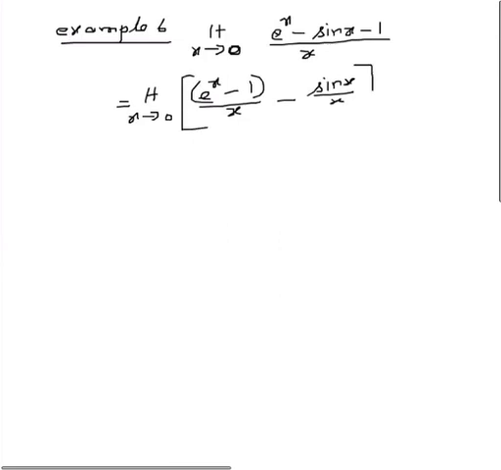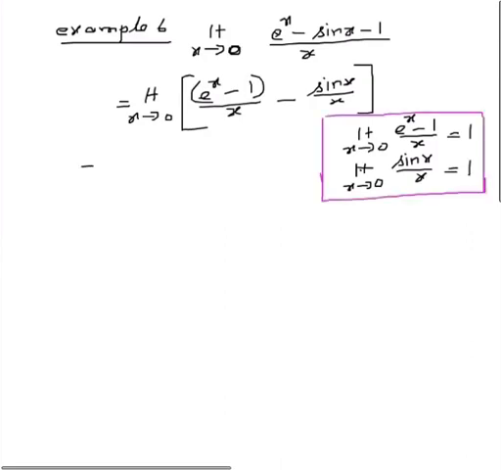Denominator x is common to all these terms. Now we will apply the limit formulae. Limit x tending to 0 of e raised to x minus 1 divided by x is 1, and limit x tending to 0 of sin x divided by x is 1. So limit of the first term becomes 1 and limit of the second term is also 1. Therefore the answer is 0.